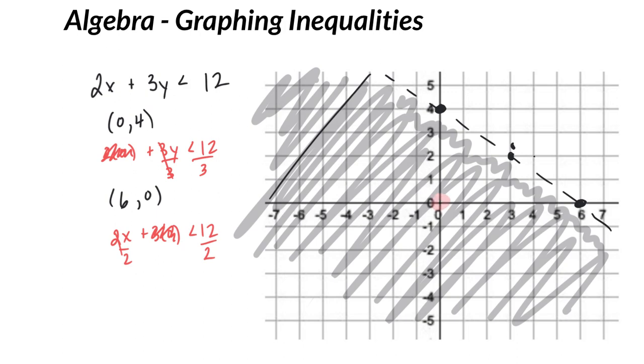So let's check 0, 0, see if it makes a true statement. So 2 times 0 plus 3 times 0 less than 12. Well, of course, 2 times 0 and 3 times 0 is 0. That is less than 12. Makes a true statement. So I'm correct in shading that side.